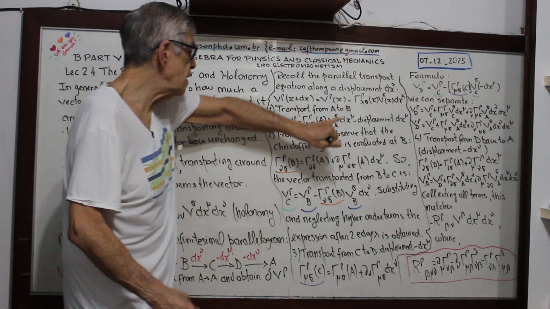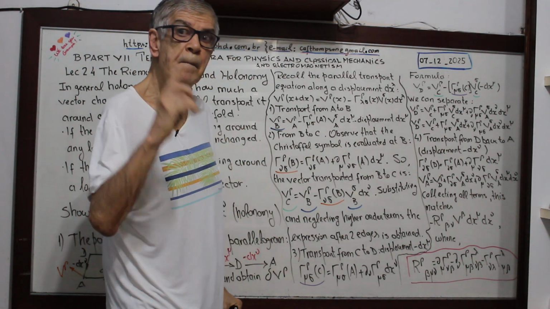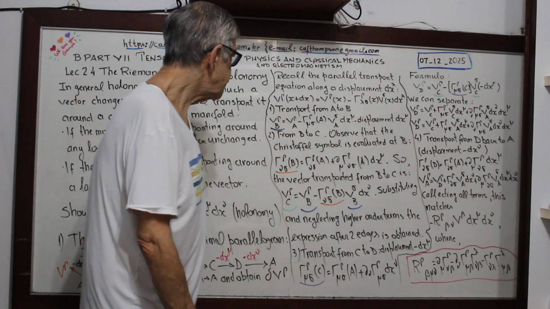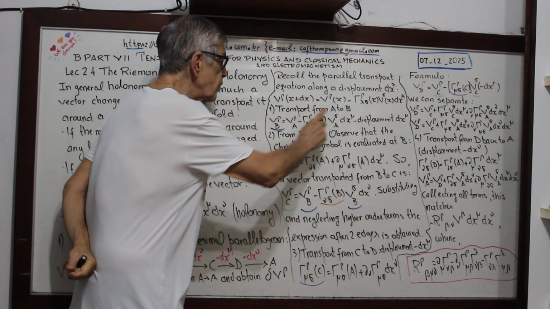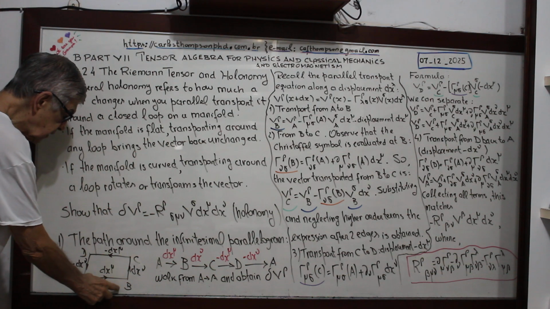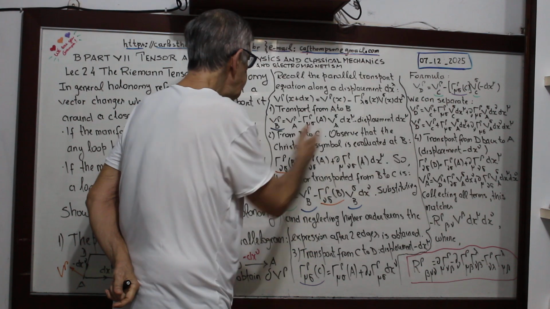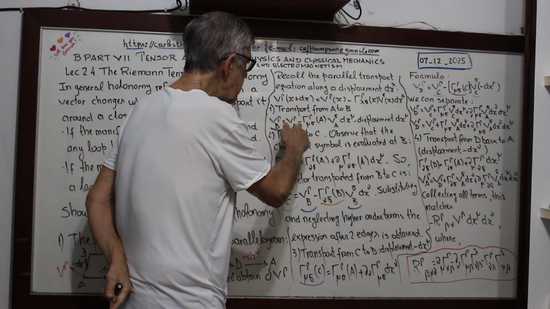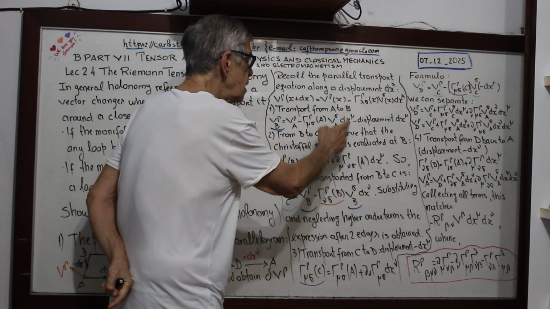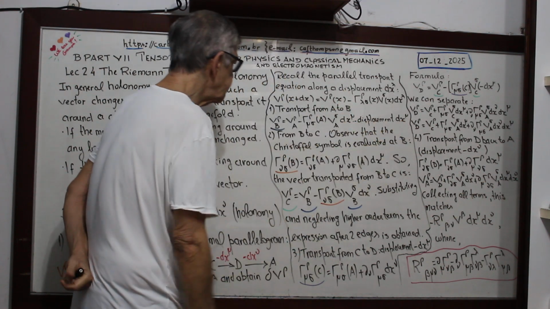So first, transport from A to B. The distance is dx mu. I just substitute here: VB equals VA minus this Christoffel symbol at A, VA, dx mu, displacement dx mu. You just see the figure.